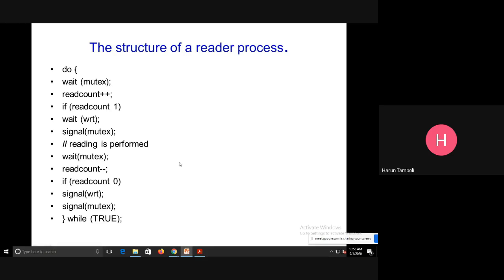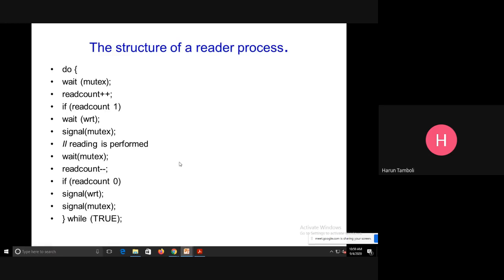So in short, again I am going to repeat it. In the reader process, first, multiple readers should be able to perform only reading, and the write operation should be restricted. To achieve both requirements, we need two variables: one is mutex, second is write.